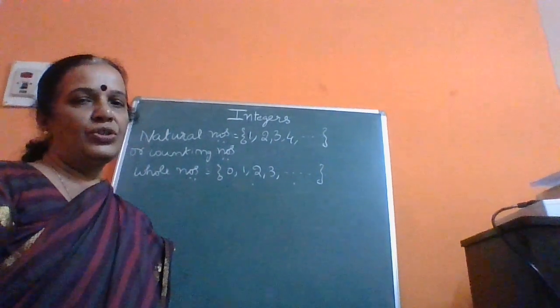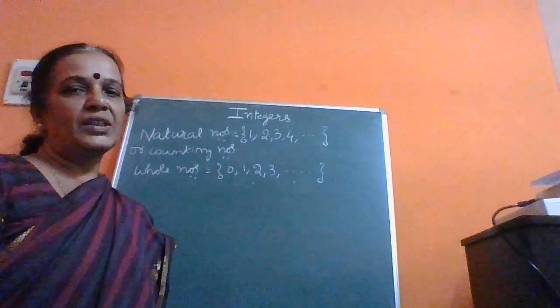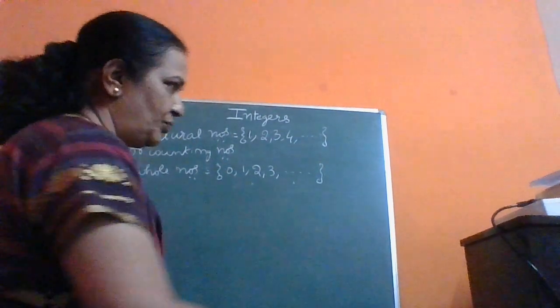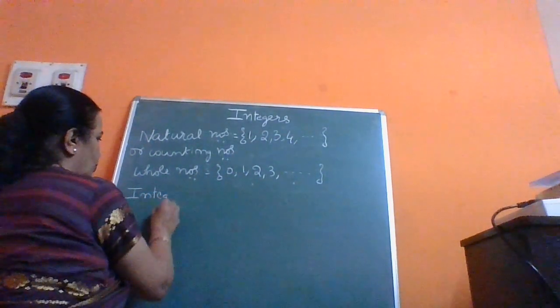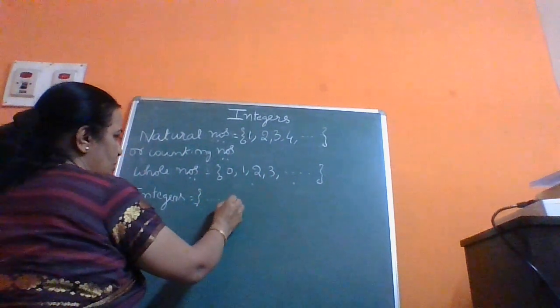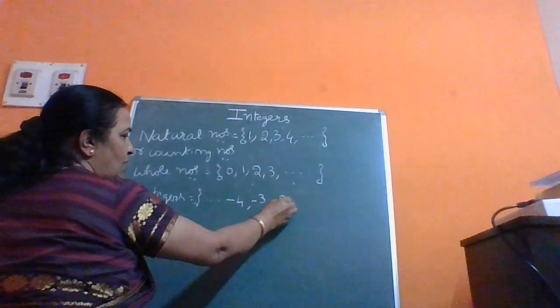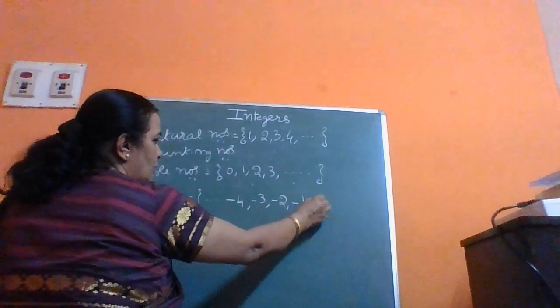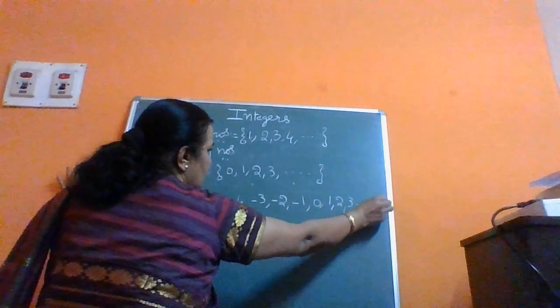In this class, you are going to learn another set of numbers called integers. Integers: put some dots, then -4, -3, -2, -1, 0, 1, 2, 3, etc.